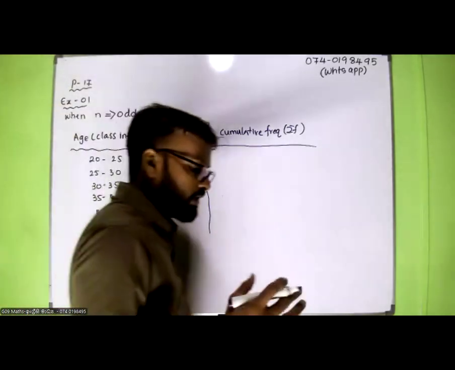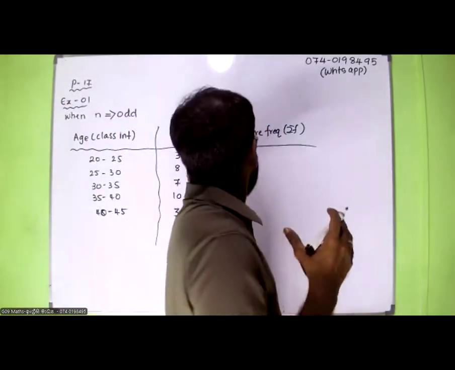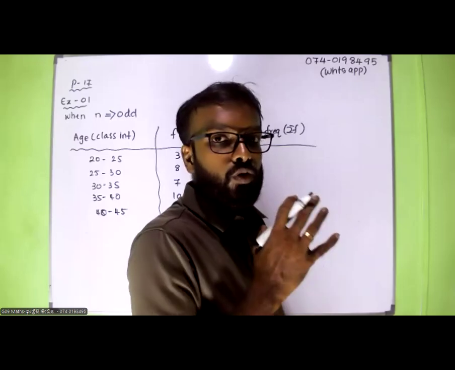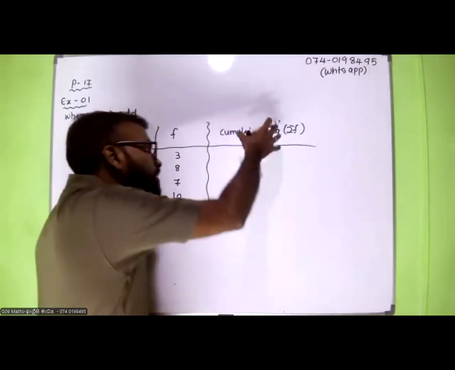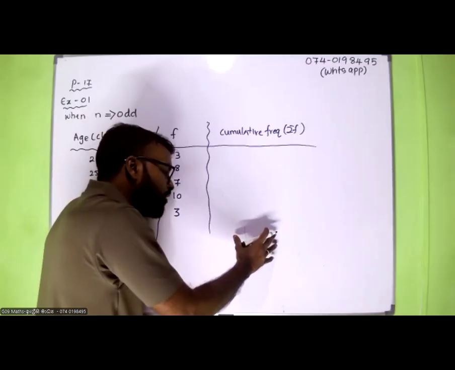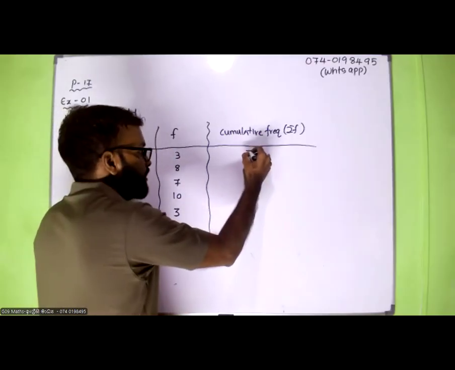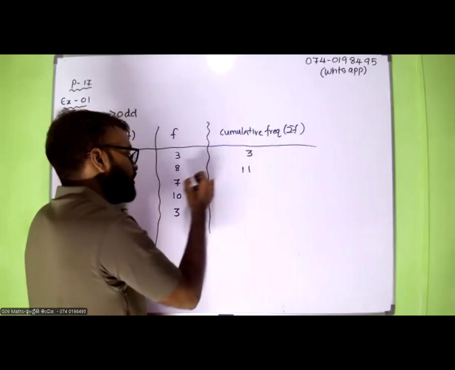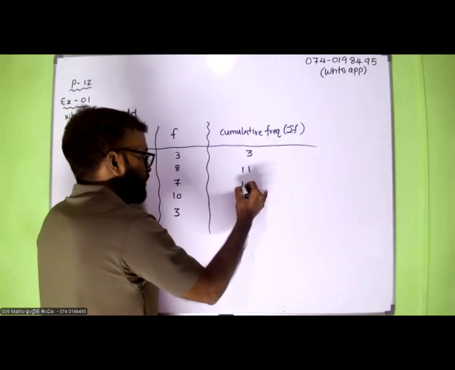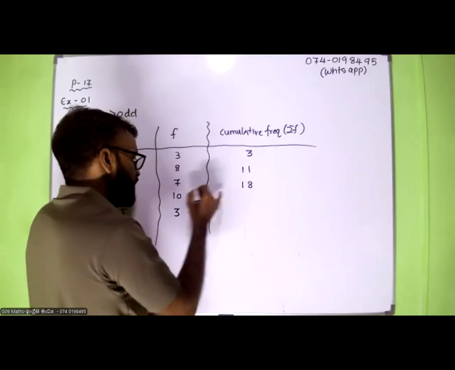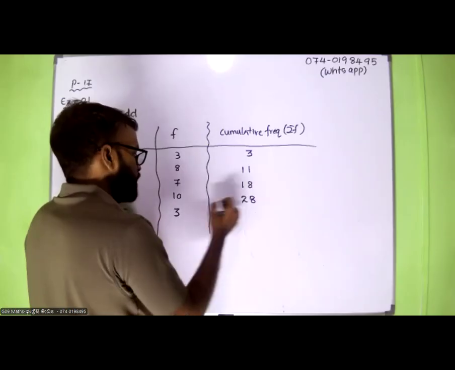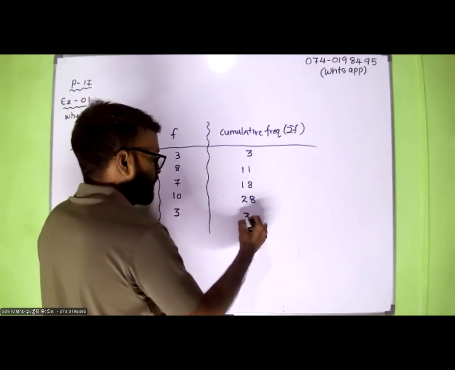If you want to find the median or the median class, it would be better to have this column. Here you have 3 plus 8, 11, 11 plus 7, 18, 18 plus 10, 28, 28 plus 3, 31.